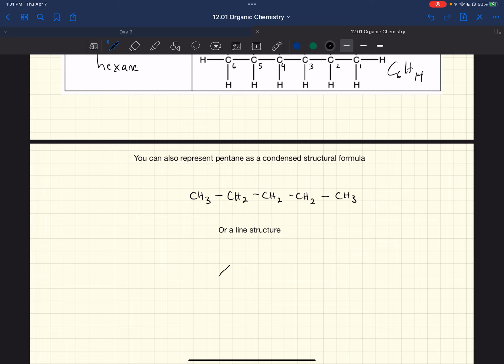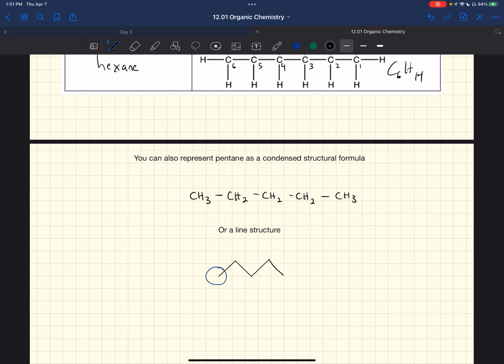The other way that we can do this is a line structure. And the line structure for pentane looks like this. So this is the line structure for pentane.